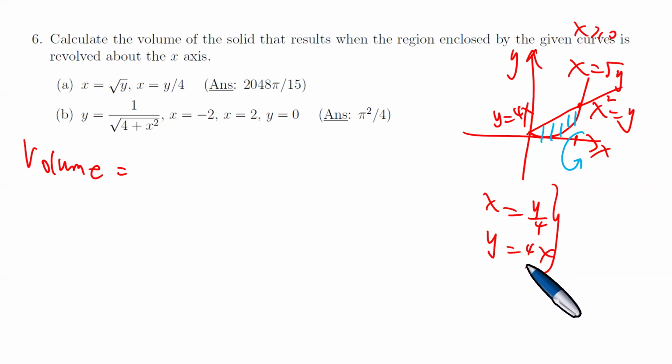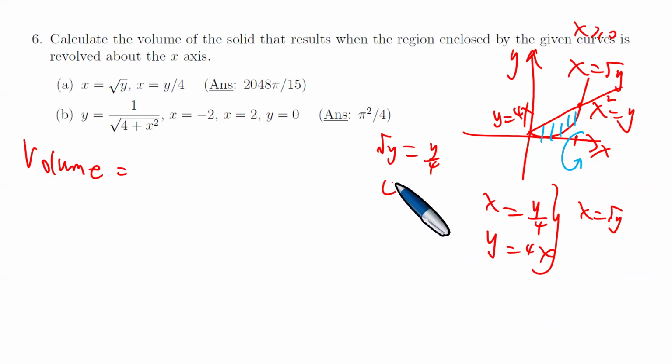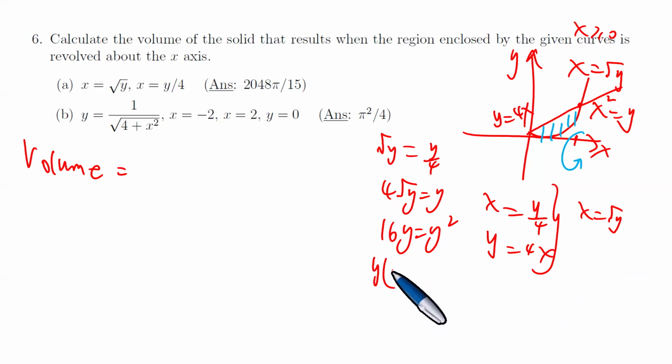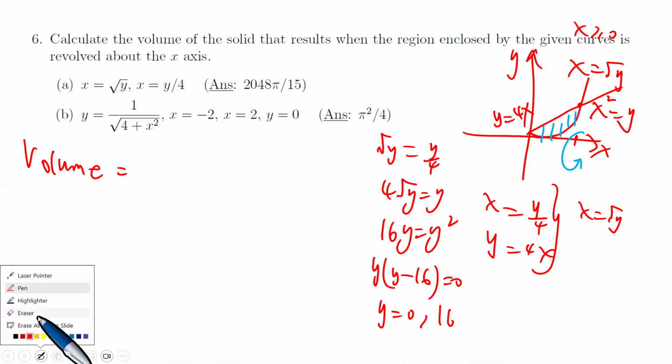So x is y over 4, and then x is the square root of y. Y over 4 equals the square root of y, so y squared equals 16y, which is y squared minus 16y equals 0. So y is 0, or y is 16.